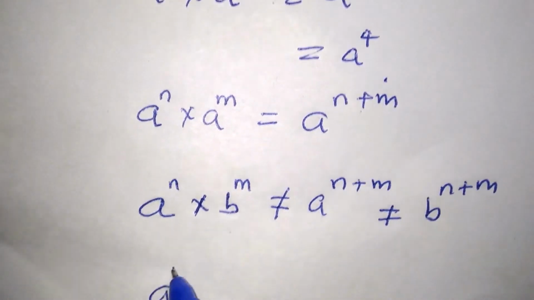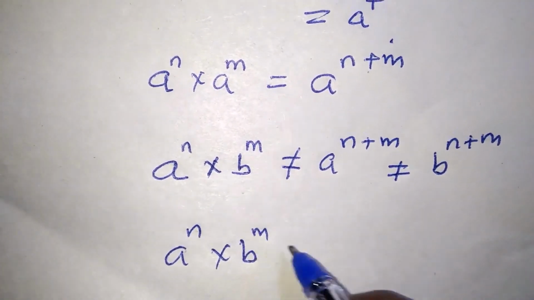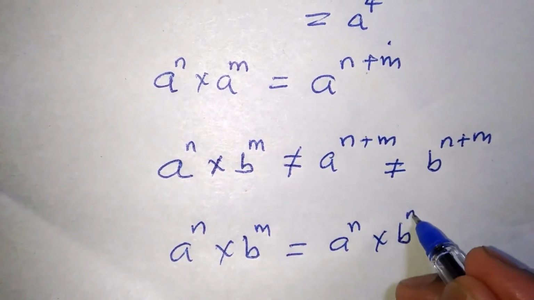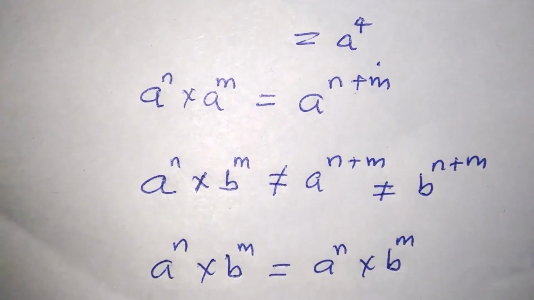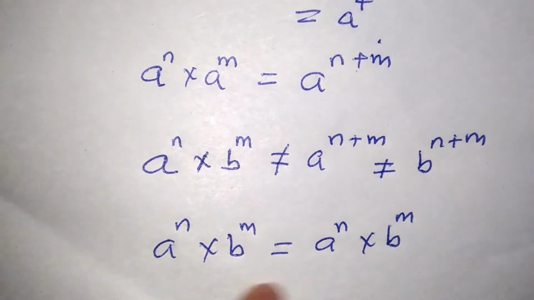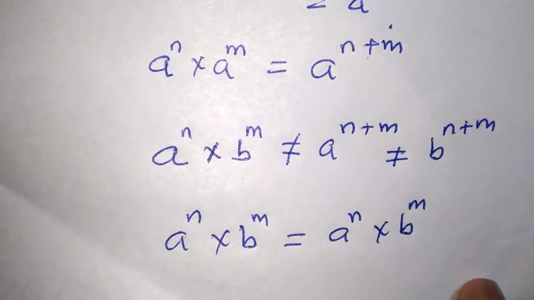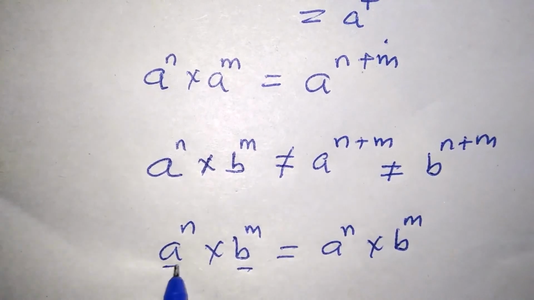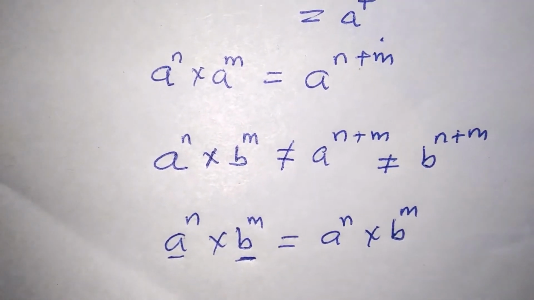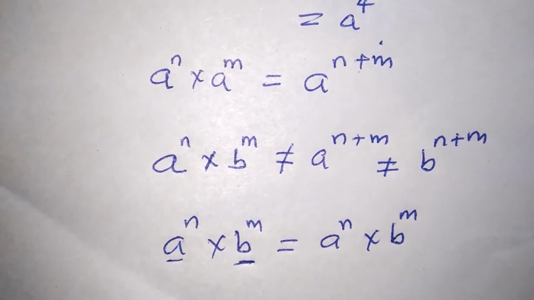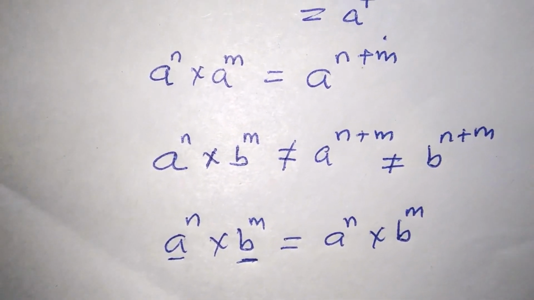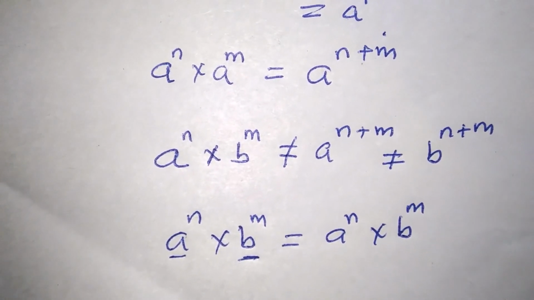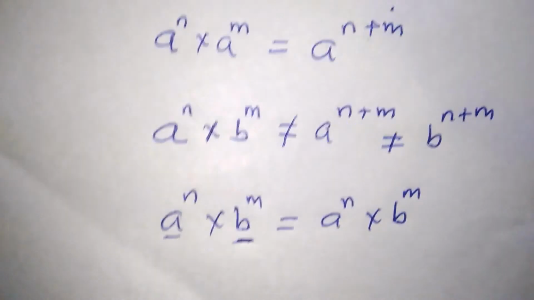A raised to n times b raised to m remains a raised to n times b raised to m. You can't multiply these using the law of multiplication of indices, because they have different bases. The base for this is a and the base for this is b. So the multiplication rule only works when you have similar bases. The powers don't have to be the same, but the bases have to be the same for you to multiply.